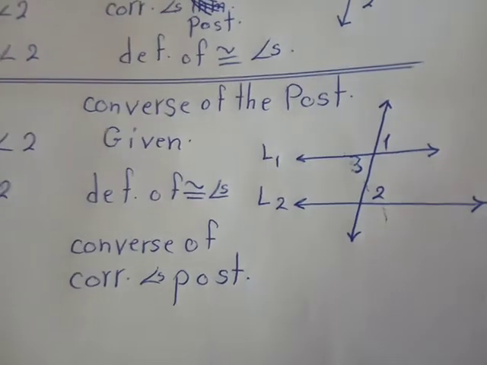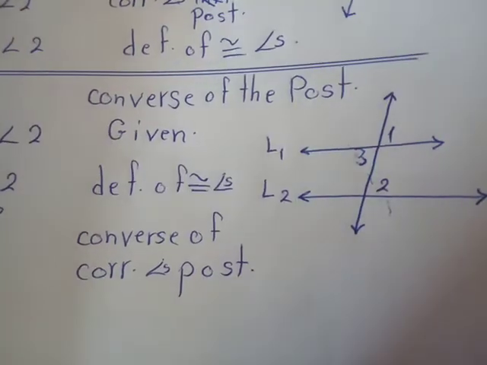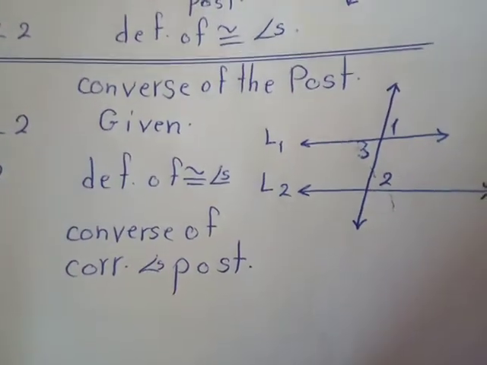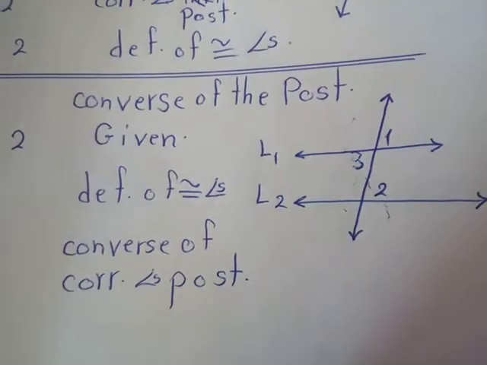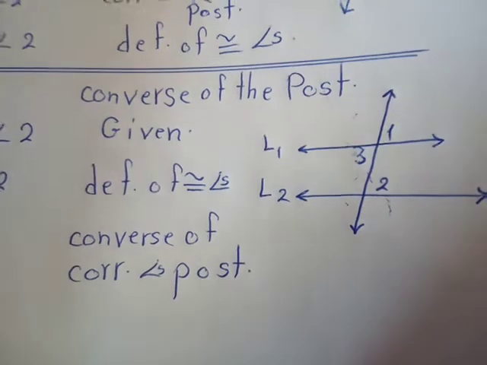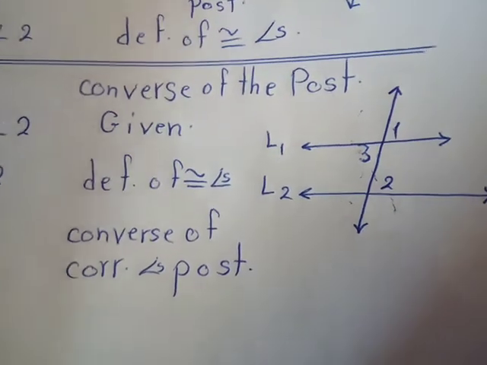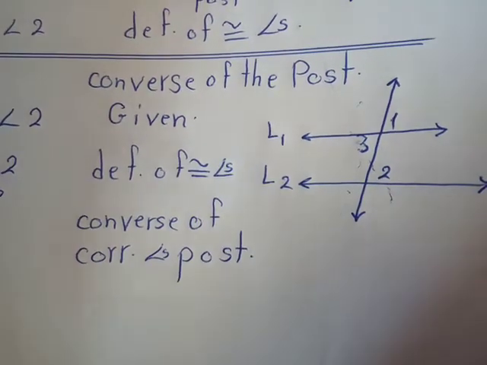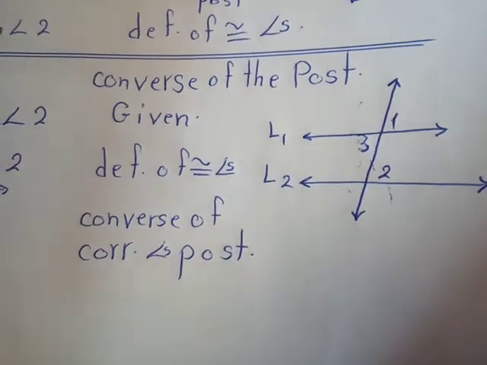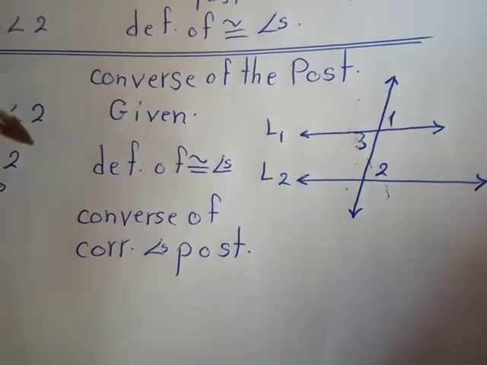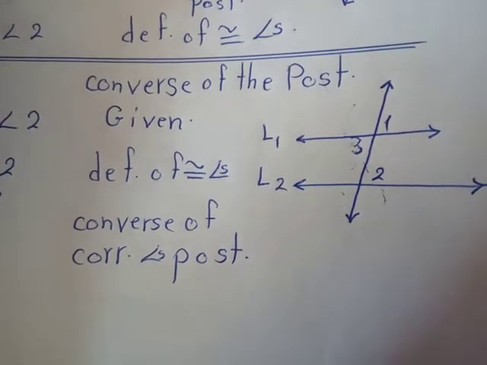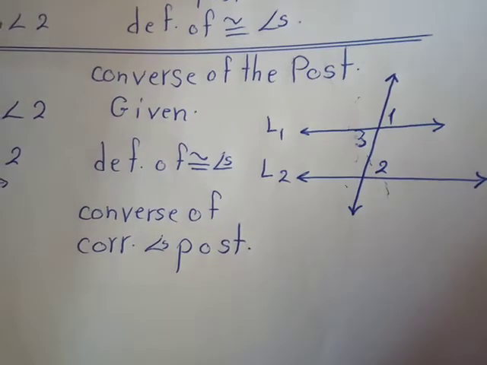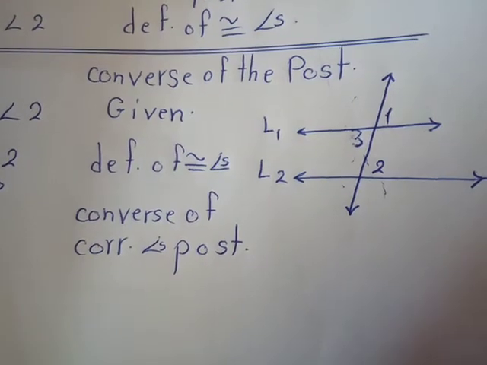So they are equal and they are alternate interior angles. So what is the result? The two lines will be parallel. Depending on what? The converse of the alternate interior angles theorem. So the conclusion of the converse of the theorem and the postulate is to get the two lines parallel. So we get the two lines parallel from the equality and the position of the angles. Okay?